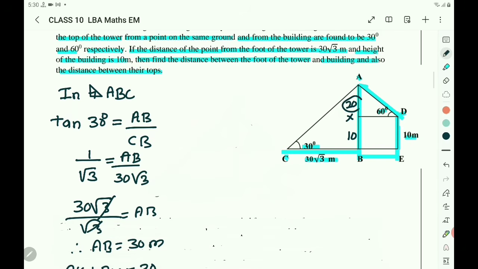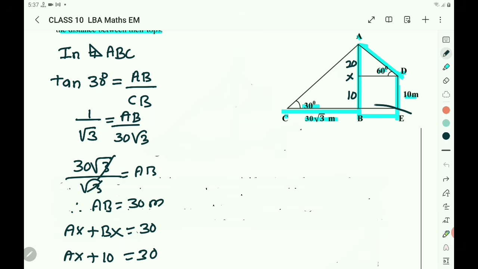You got this one. And by using this triangle, find the value of XB, and also you can get the value of AD. You can write that this is also equal to B, which is equal to the distance between the building and the tower. Then we have to find the distance between the top, AD.